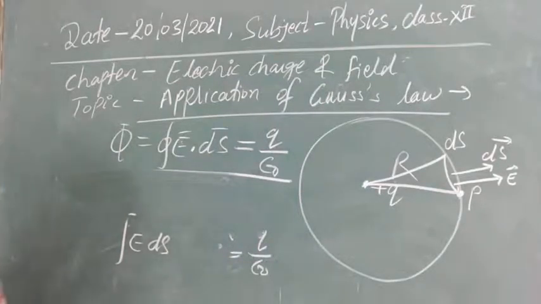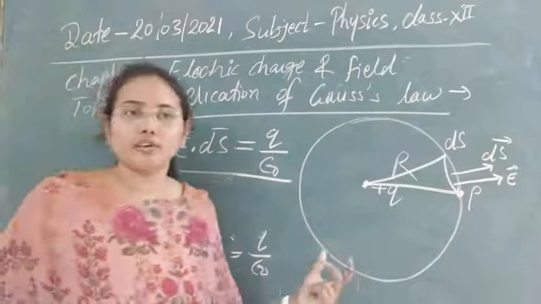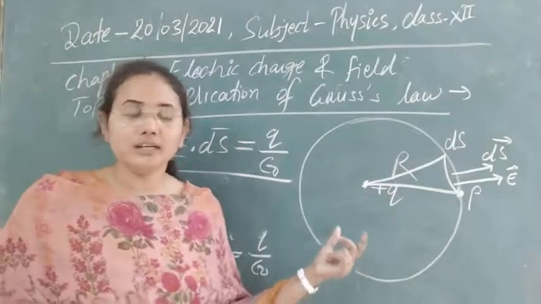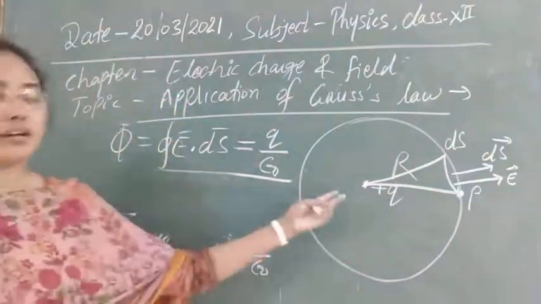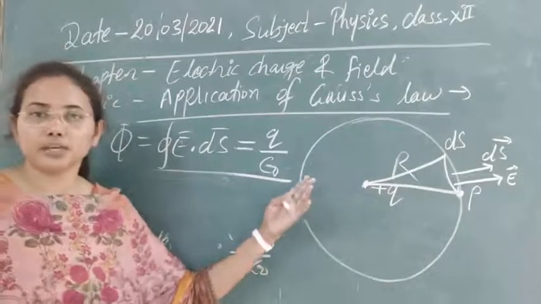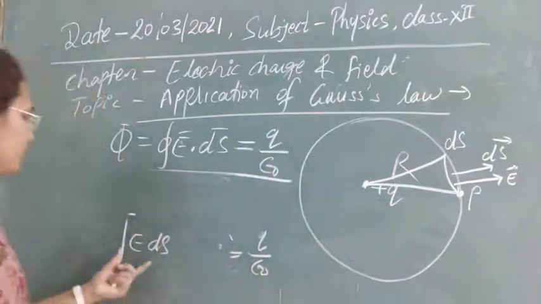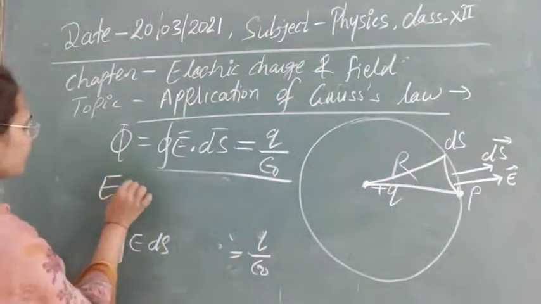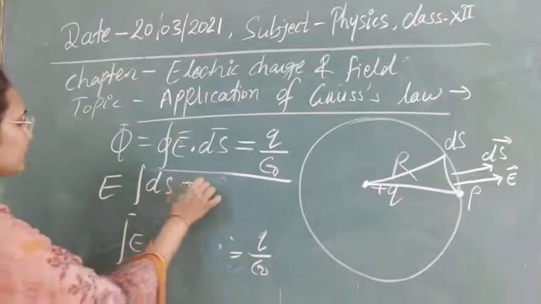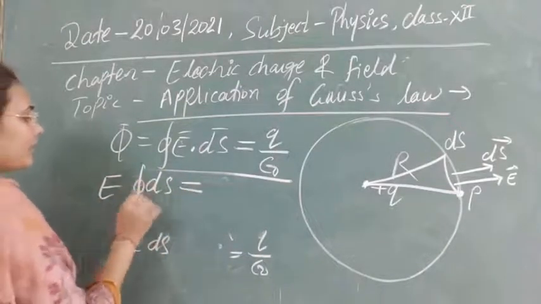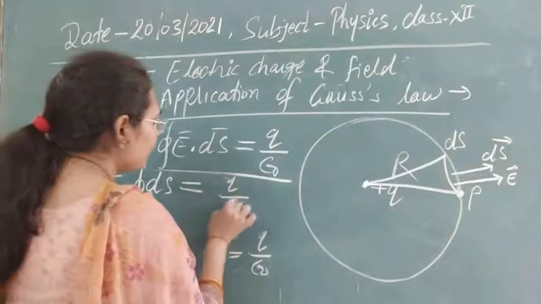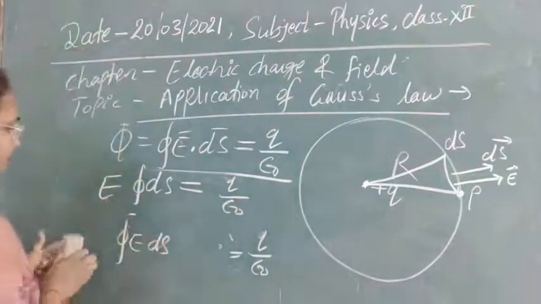And as E is uniform, because in Gauss's law we always deal with a uniform field, or the charge is uniformly distributed over this Gaussian surface, we can take it outside. So if you take E outside, this will be the integral over ds, and this is q by epsilon 0 times.